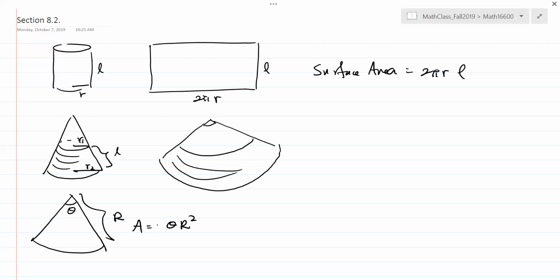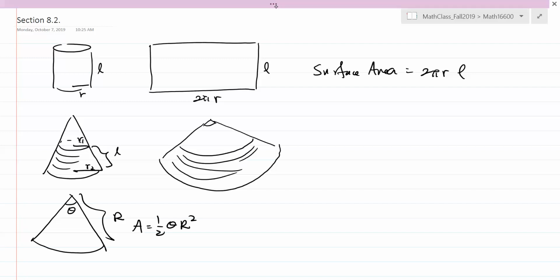When theta is 2 pi, you get the complete disk with radius R, since 2 pi divided by 2 is just pi. You can use this formula to find the area of this portion.